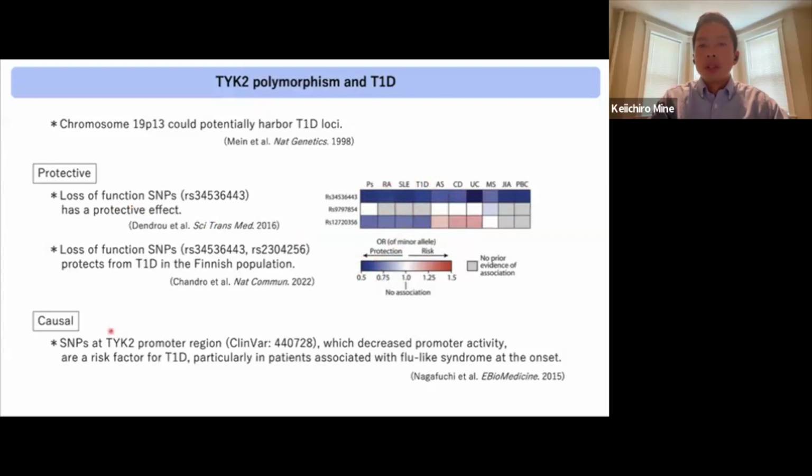In contrast to these studies, we reported that SNPs at the TYK2 gene promoter region are a risk factor for type 1 diabetes, particularly in patients associated with flu-like syndrome at the onset in the Japanese population.